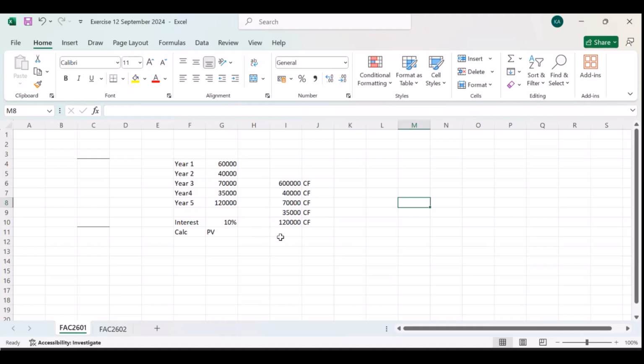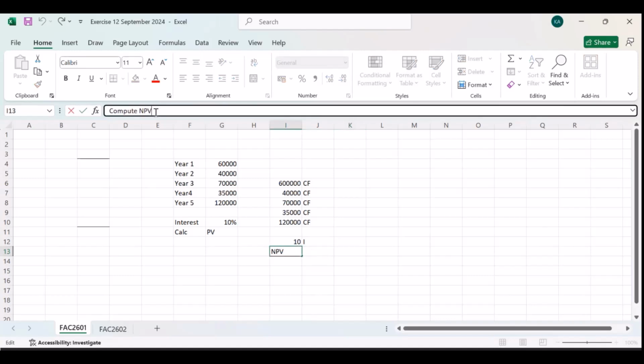Then you say your 10%, you press I for interest. Then you compute NPV. I think it's NPV, or is it PV? You compute PV. The time you compute NPV is when you have negative and positive values.